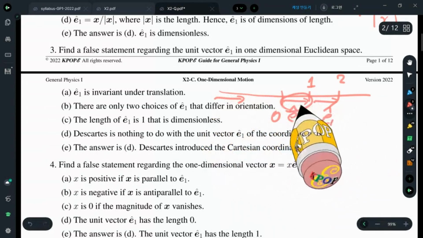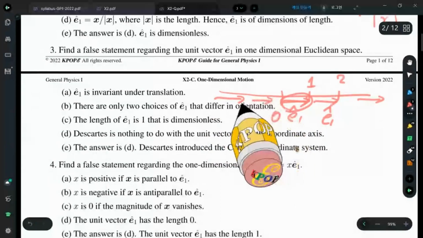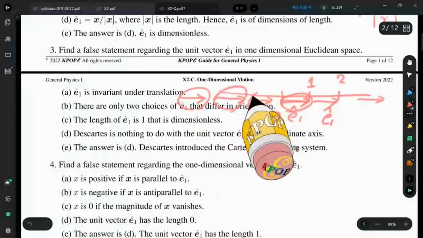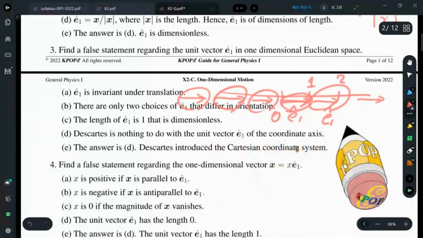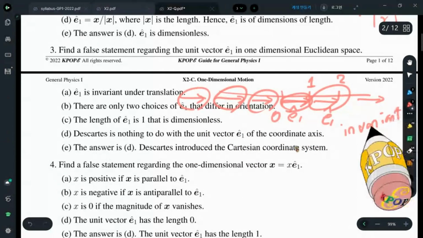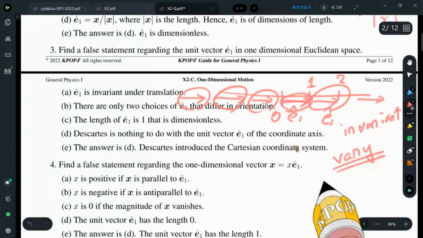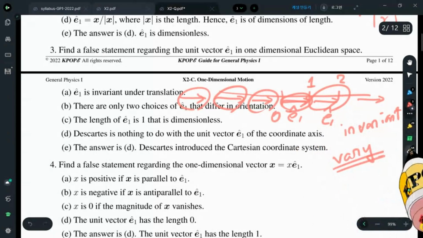Whatever amount you translate this unit vector to anywhere else, they are always the same. It is invariant. Invariant means it does not vary, it does not change.